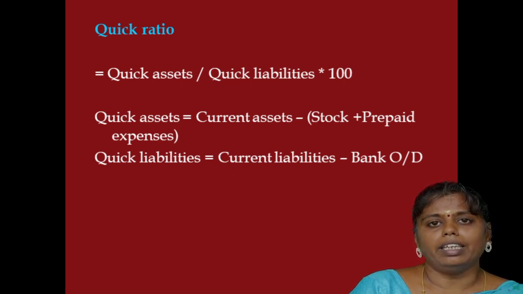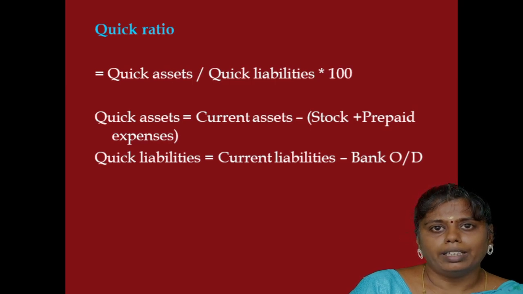Quick liability equals current liability minus bank overdraft. So the ratio we find after deducting bank overdraft from current liability is called the quick ratio. If the ideal quick ratio is 1:1, it means the firm's financial performance is good.